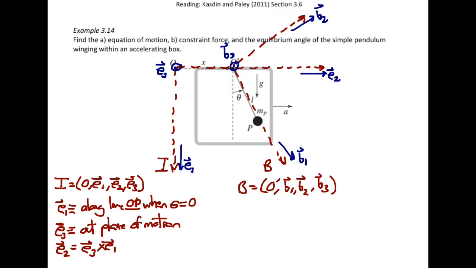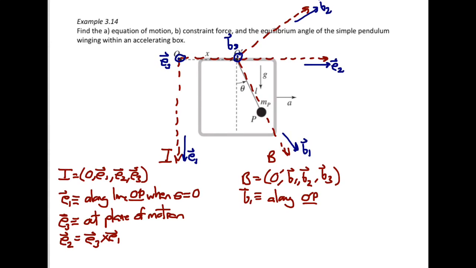And so we define these as B1, and this will be along O prime P, and it's always along O prime P. B3, let's put that in the same direction as E3. That never changes. They're both pointing out of the page. And then B2 simply being B3 cross B1.